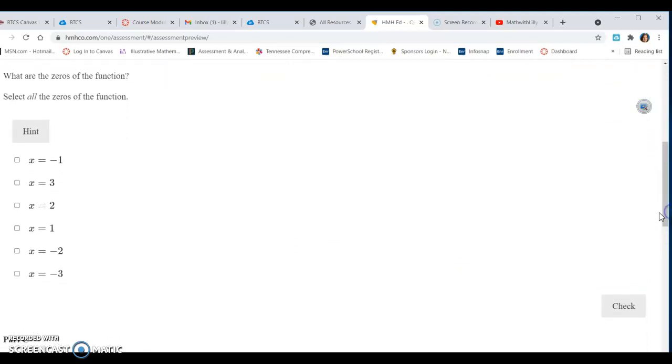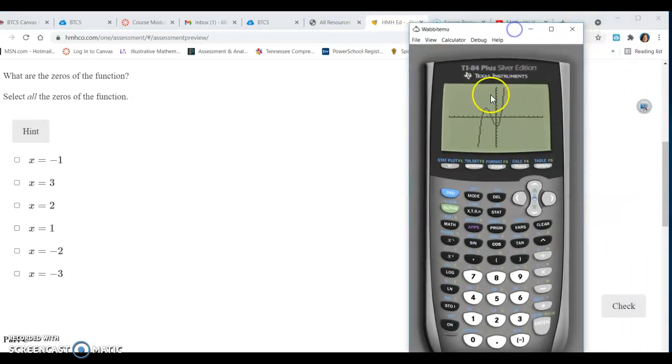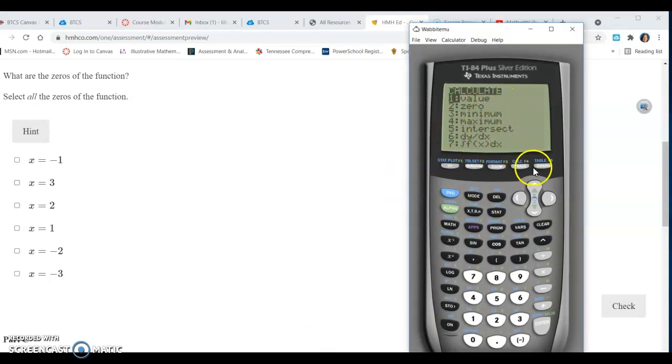Then it says, what are the zeros of the function? If you have the graph here, it's easy to see that the zeros are here, here, and here. Your zeros are where it crosses the x-axis. You can go second trace and ask your calculator to find the zeros, but sometimes it's easy to just see visually.